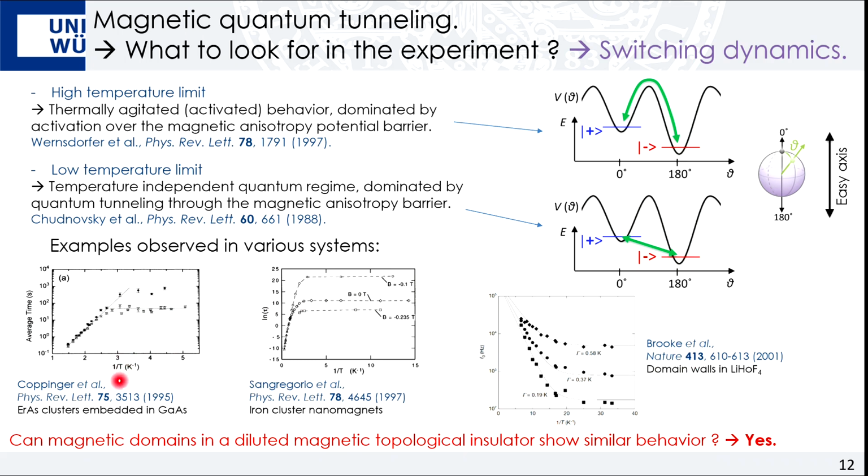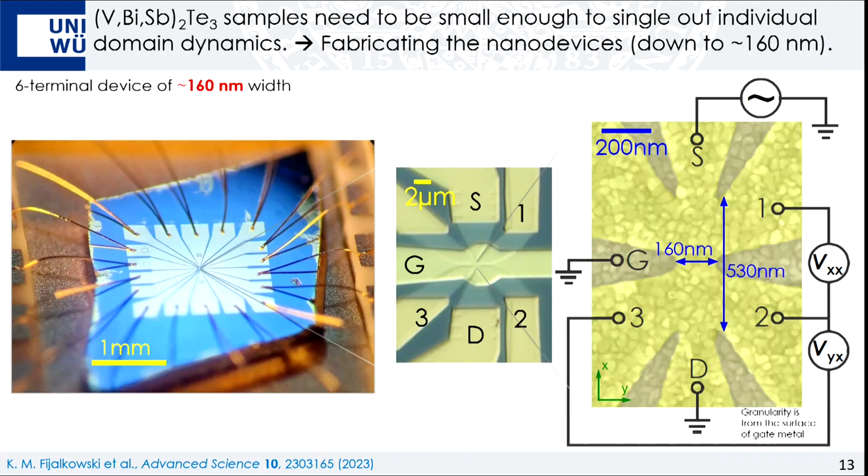They actually plot 1 over temperature, so high values are low temperature, and they observe saturation of dynamics and dynamics speeding up, being thermally activated at high temperatures. These are some examples: magnetic clusters in gallium arsenide, iron cluster nanomagnets, and domain walls in this lithium compound. And the question: can magnetic domains in a diluted magnetic TI show similar behavior? I will try to convince you that the answer is yes.